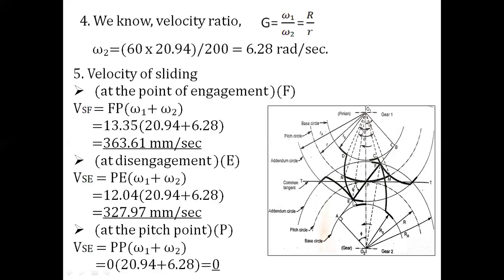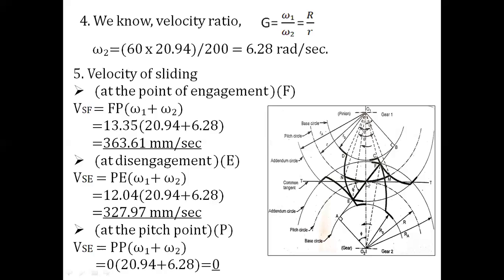This EP is the path of recess. So we got the value of path of recess as 12.04 into omega 1 plus omega 2. So the velocity of sliding at the point of disengagement is 327.97 mm per second.